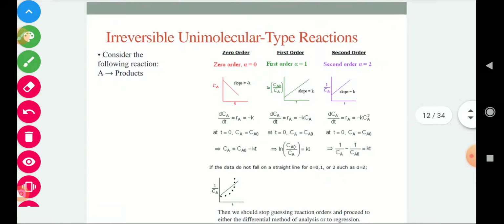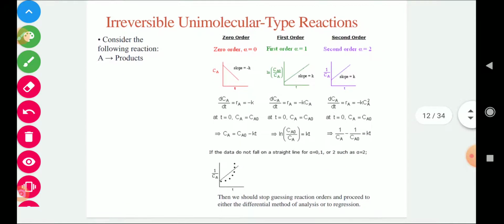These are some examples. For example, if we have a reaction in which A reacts to give product, then first of all we assume the reaction is following zero order. For that the rate expression will be dCA by dt equal to RA equal to minus k, because it's a zero order reaction.